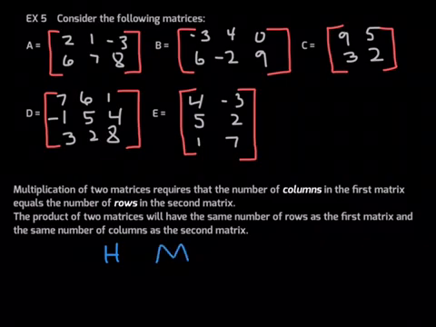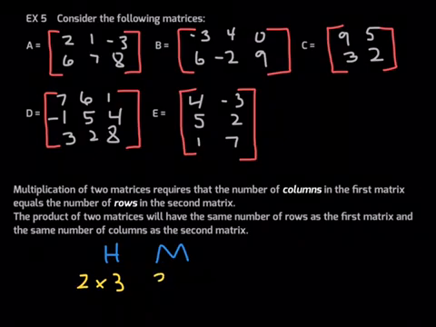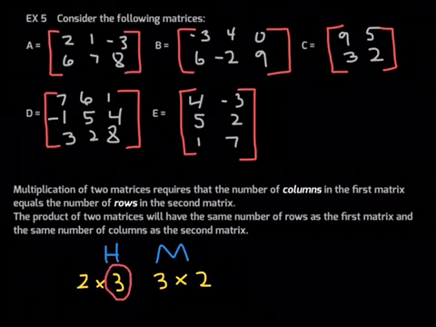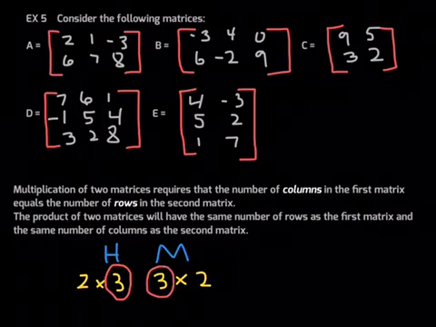And let's say matrix H has order 2 by 3. Let's say matrix M has order 3 by 2. Am I able to multiply these two matrices? The answer is yes, because the number of columns of the first matrix equals the number of rows of the second matrix. Because those two numbers are the same, you're able to multiply.